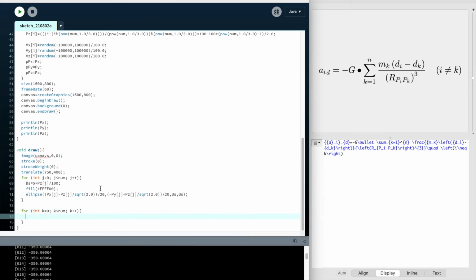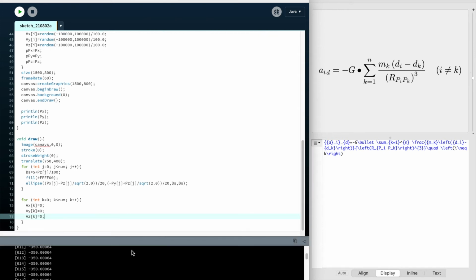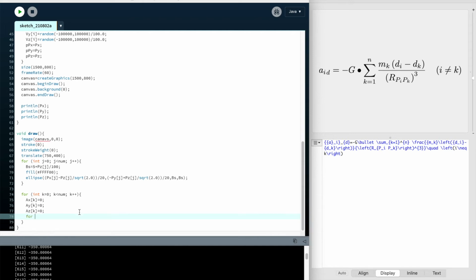In this loop, first of all we set all of our acceleration quantities to 0, because we're just starting the loop and we don't want previous values affecting our new values. So all of these accelerations are set to 0, and then we have another for loop. So let's use L.